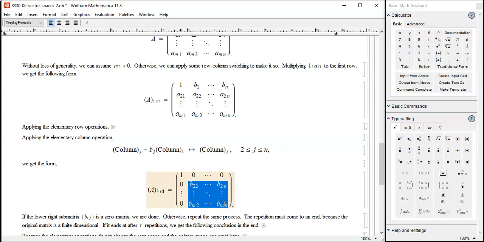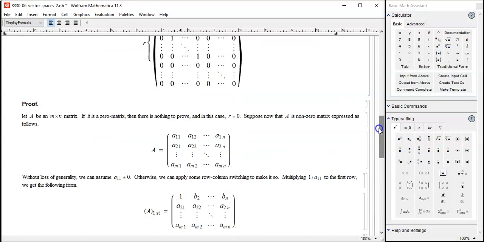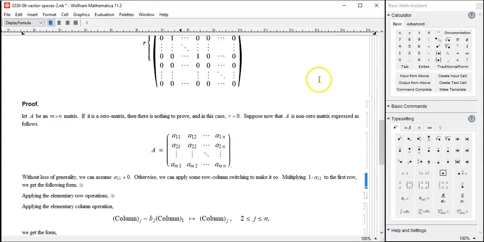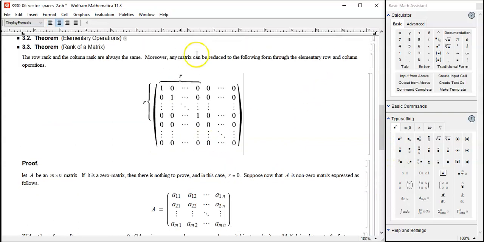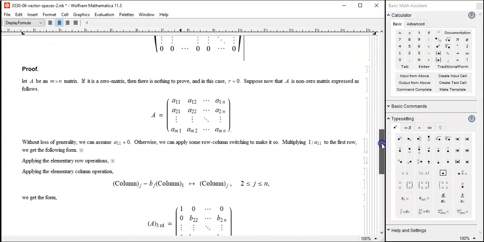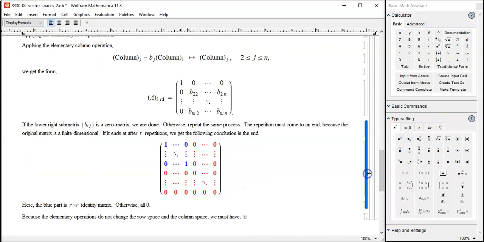Here we're going to use mathematical induction. So the lower size matrices are assumed to be of this form. And then in the end, we got that.